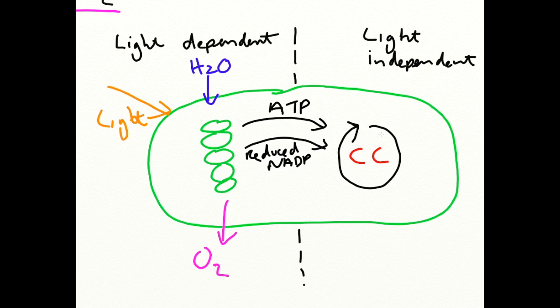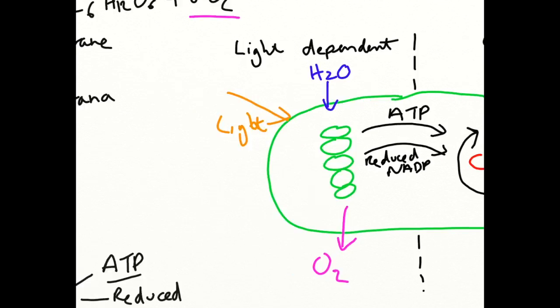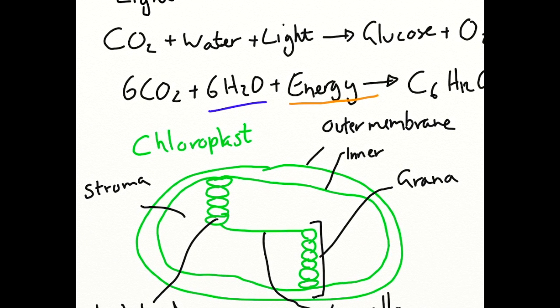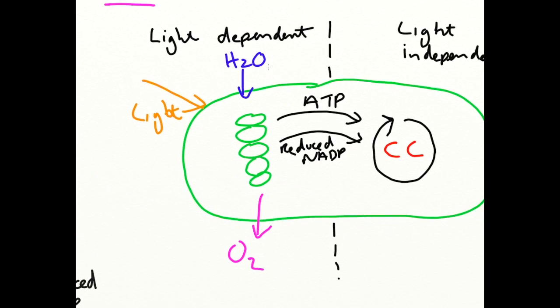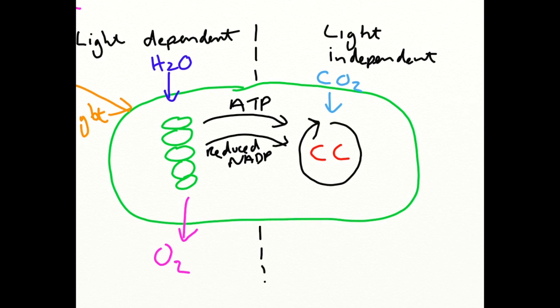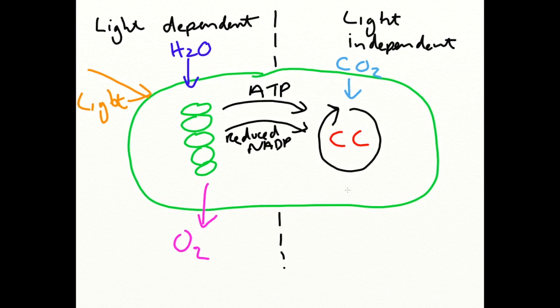Now that doesn't use light, but what we do have is one input that we haven't used yet. Okay, and that, hopefully you remember, is the CO2. So the CO2 goes in the light independent stage. Okay, that goes through the Calvin cycle, which will be explained in another video.